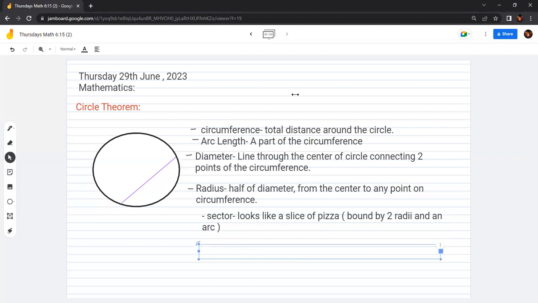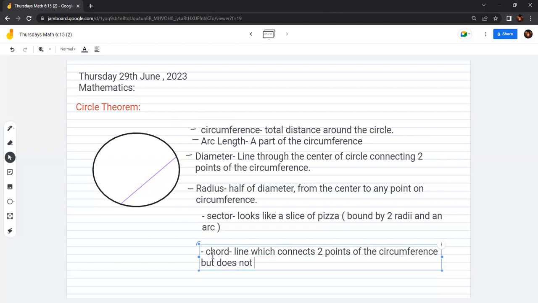Now in circle theorem, they use all of these terms. So we have the chord, a line which connects 2 points of the circumference but does not go through the center of the circle.